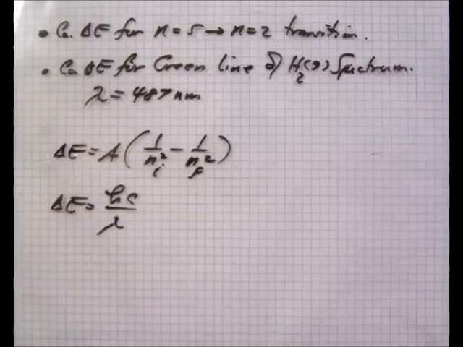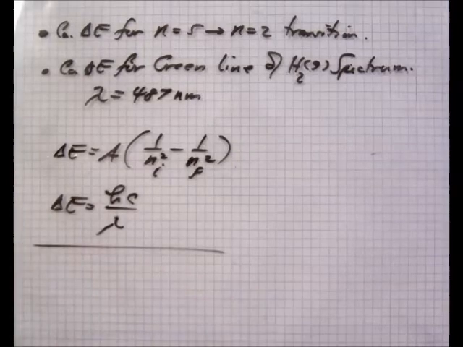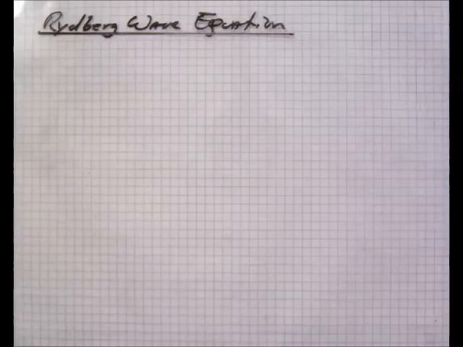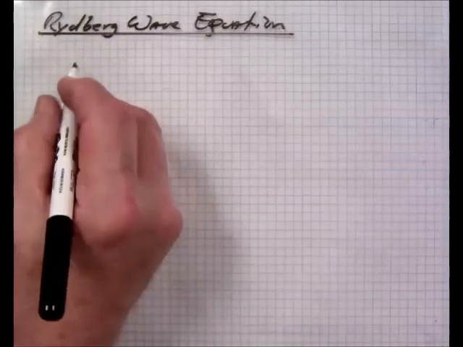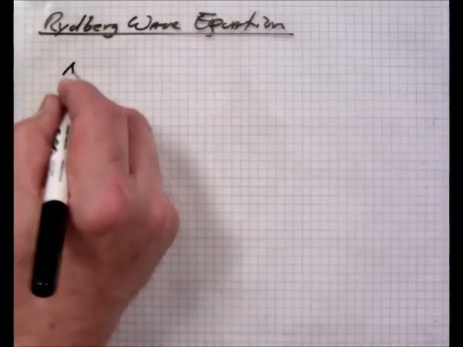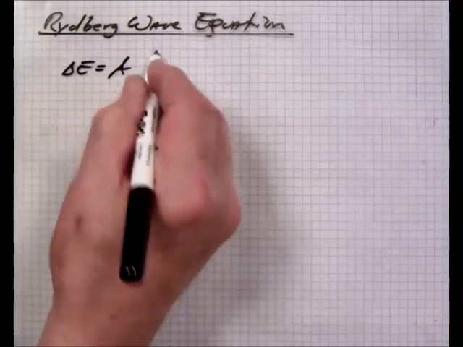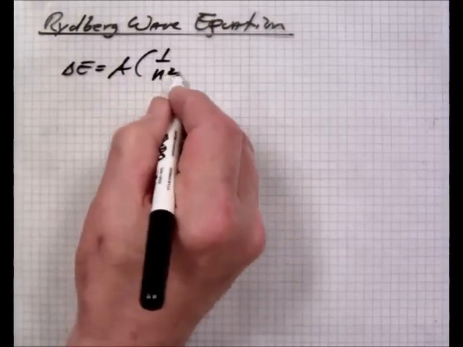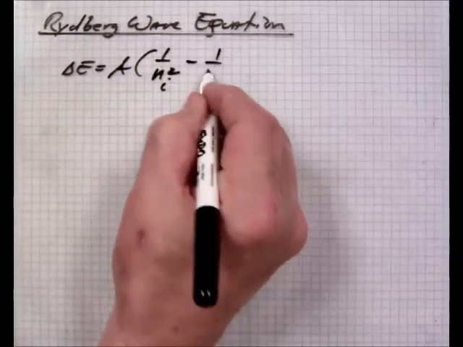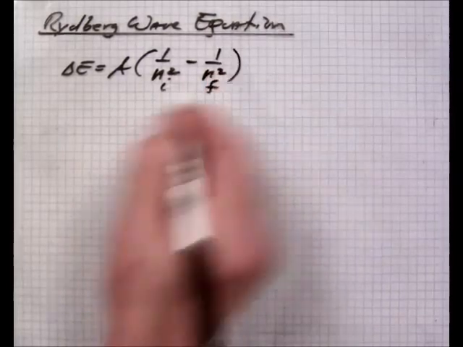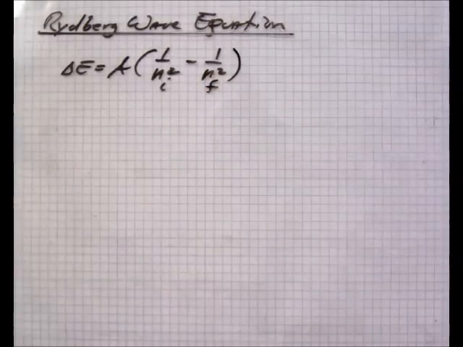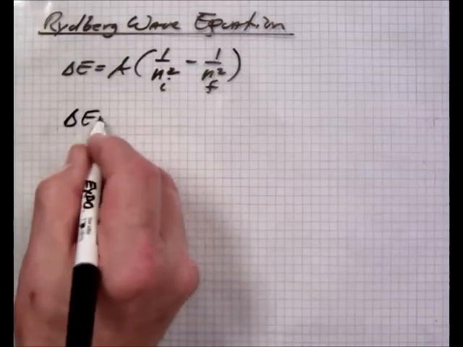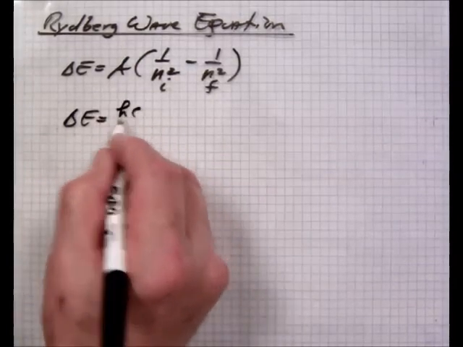And just like we've done, I've really worked them out for you in the context of this equation. Okay, so if we have delta E equals A times 1 over n squared initial minus 1 over n squared final, that's the delta E. And we also know that delta E equals hc over lambda.